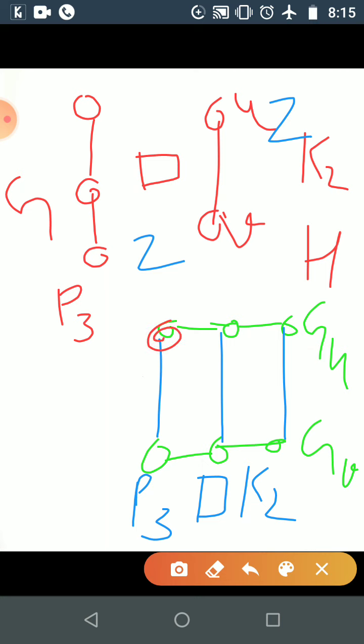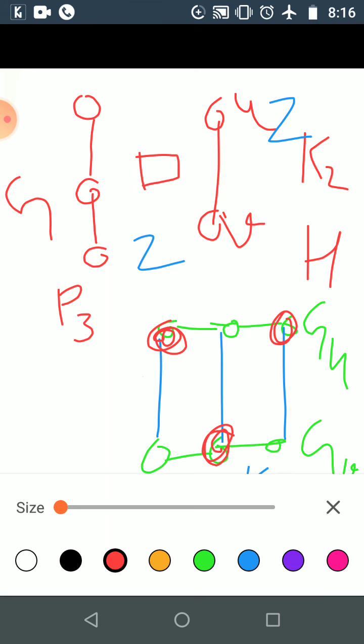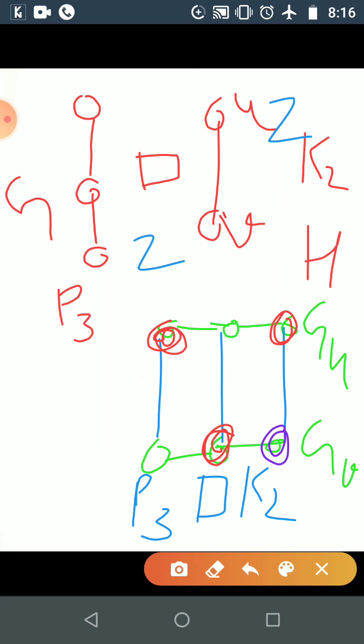You can put one color over here, a second color you can put here and here. So you can put this one and this one, and for some other color you can take this vertex and this vertex. So a minimum of 2 colors is needed to color all the vertices of this graph.